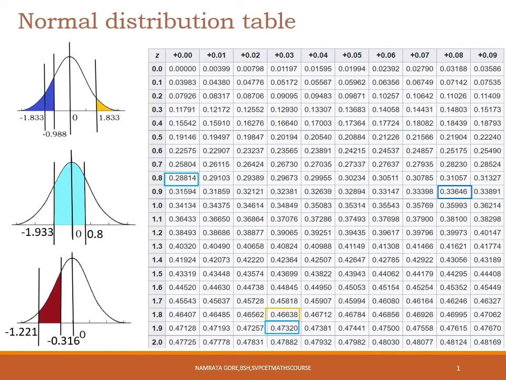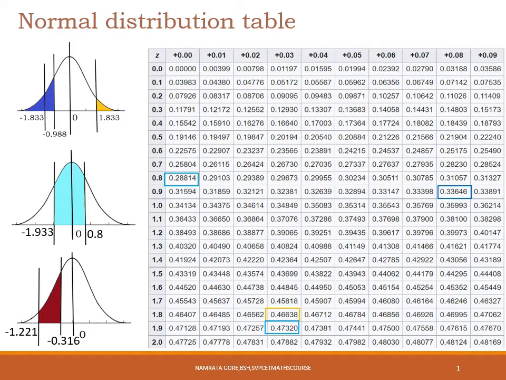0.76071. The third type gives the area between minus 0.316 and minus 1.221. The difference between these two cases is that the previous one lies on either side of z equal to 0, whereas this particular area lies on only one side of z equal to 0.